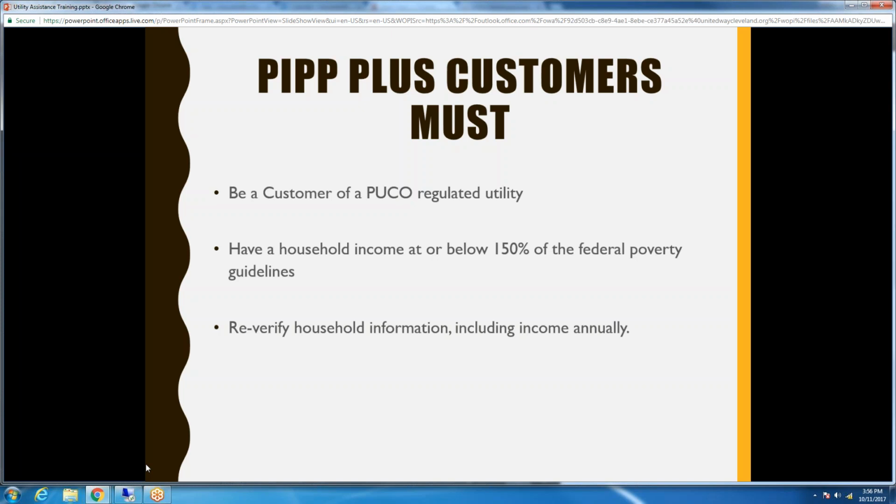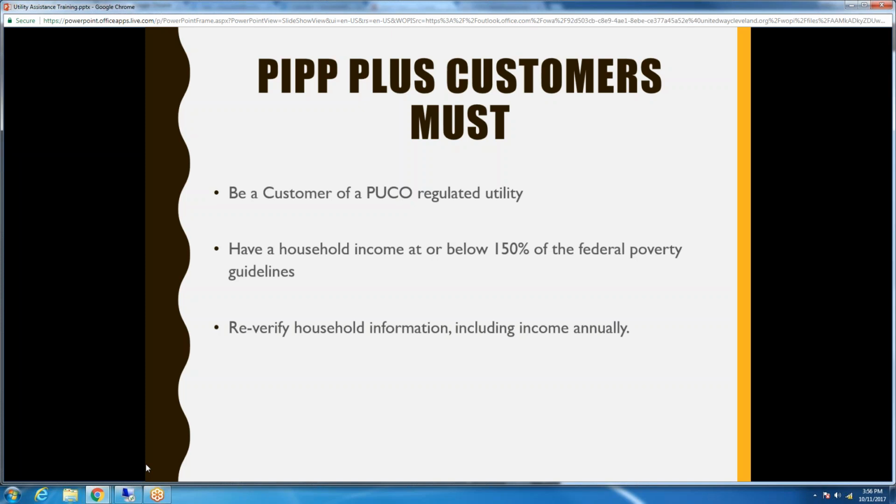Every once in a while, you might get a caller saying that they can't get on PIP, and you ask them why or for how long, and they say for 24 months. They probably wrote a bad check or did not report their income properly. Then all persons who share a common kitchen or bath are considered members of the same household and must apply on one application.